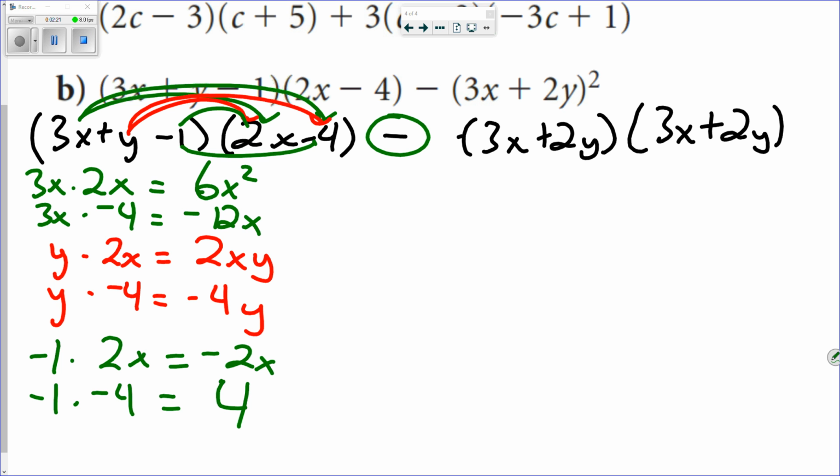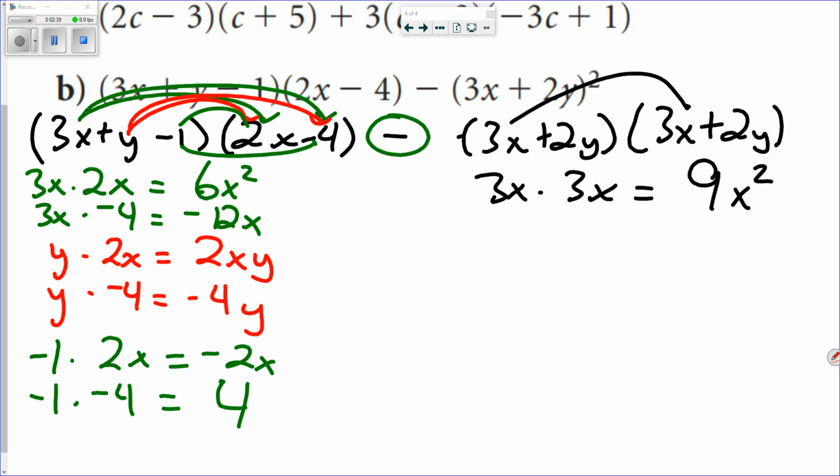Let's expand the second part, and we'll worry about that negative sign momentarily. So expanding the second part, we just FOIL, right? First, 3x times 3x is 9x squared. Outside, 3x times 2y, 6xy.